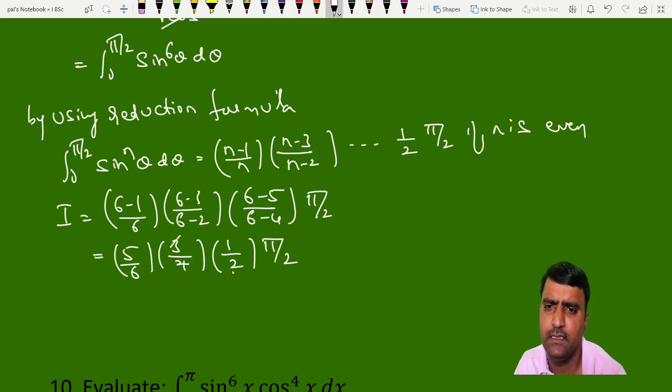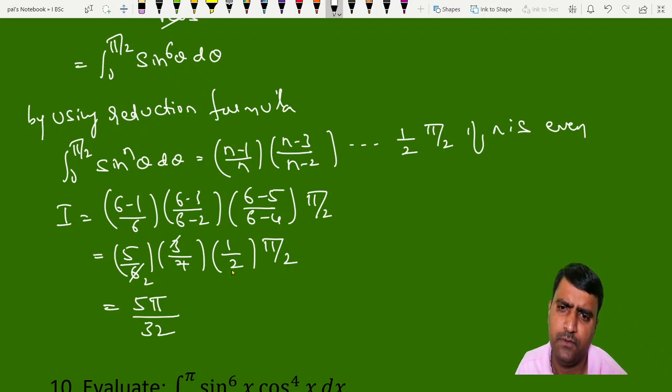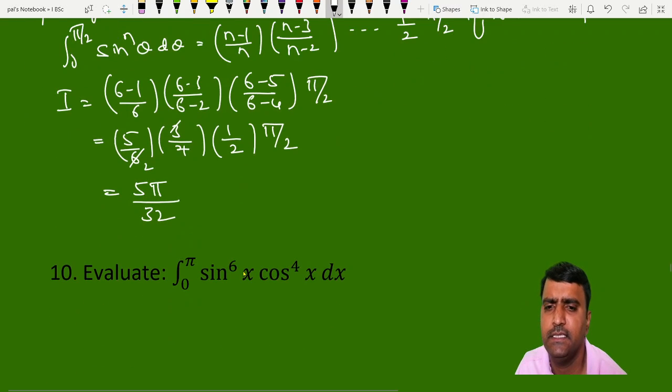So 3 ones are 3, and the denominator 2 fours are 8, 8 twos are 16, 16 twos are 32. It is 5 pi by 32.